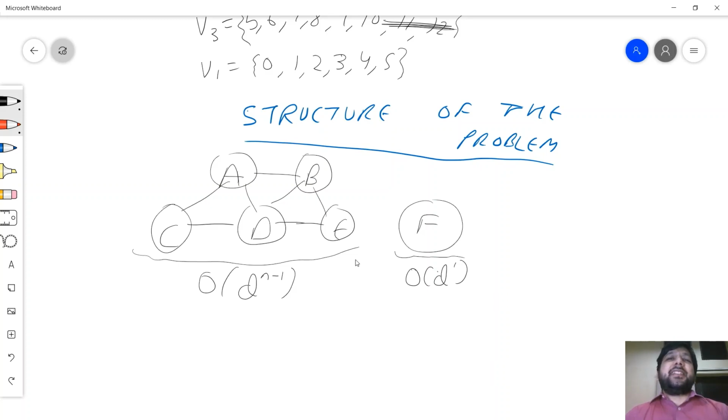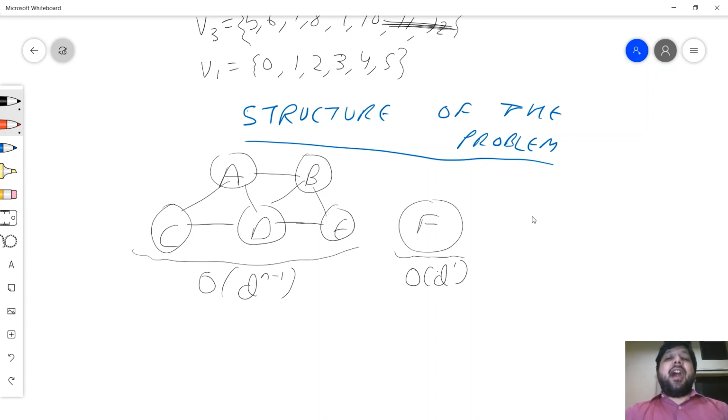Now, how do you divide a problem like that? That's a standard problem of finding subgraphs. So find out the subgraphs with depth first search, find out how many disconnected graphs exist, and solve each of the problems separately. In general, now I'm not calculating the complexity as a worst case.